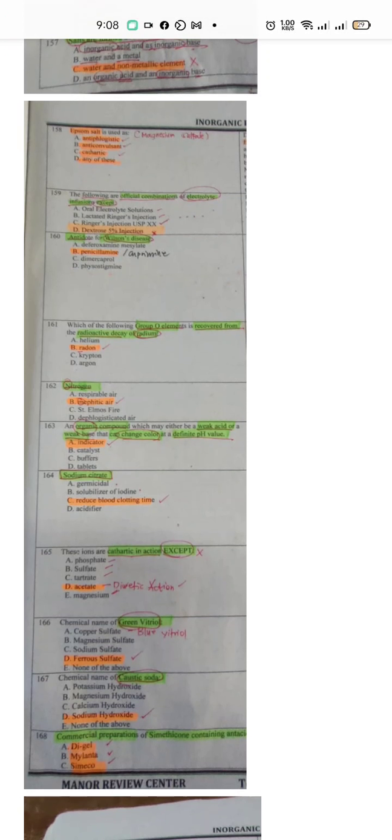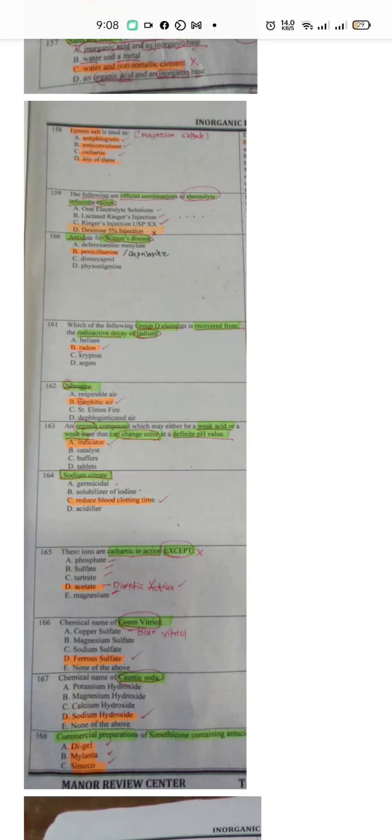158. Epsom salt is used as antiphlogistic, anticonvulsant, cathartic. Again, Epsom salt is your magnesium sulfate and it is widely used as saline cathartic. Epsom salt, magnesium sulfate, and used as a saline cathartic.